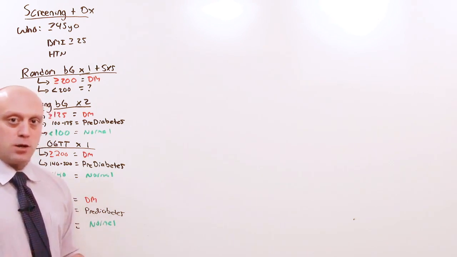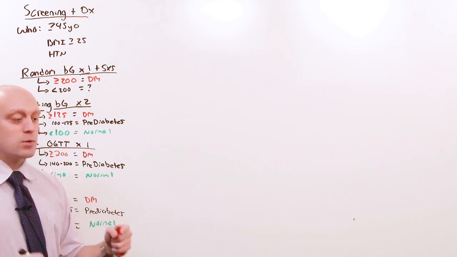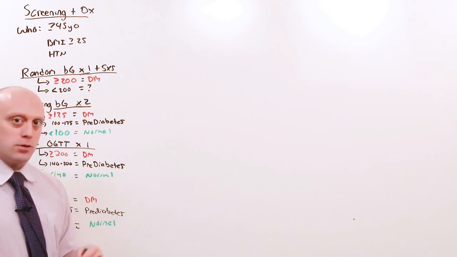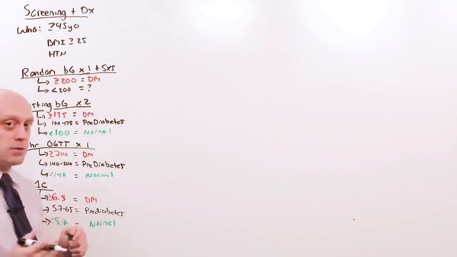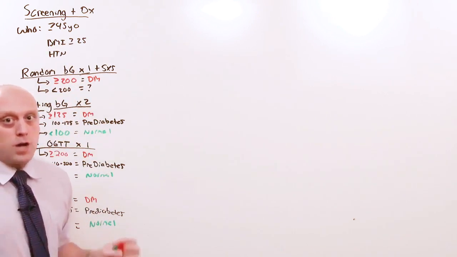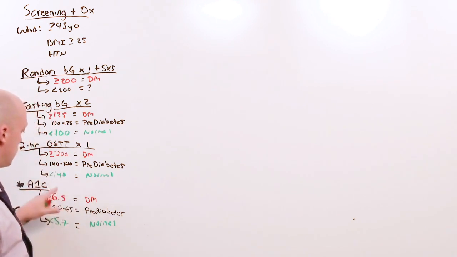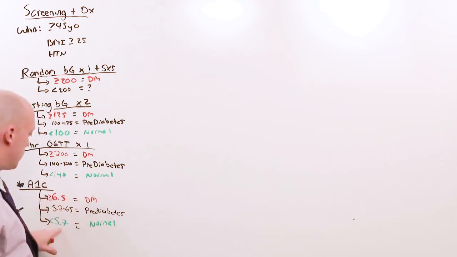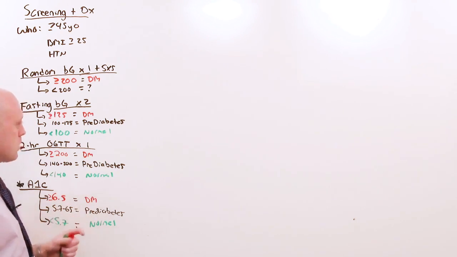Especially true in the setting of gestational diabetes, where it takes 3 months to get the A1C to rise, but all the while, baby is seeing that increased glucose. So the A1C is useful for the fat old hypertensive that you're screening, but not necessarily for everybody. But you should be using the A1C to screen people for diabetes. Greater than 6.5 is diabetes, less than 5.7 is normal, in between, prediabetes.